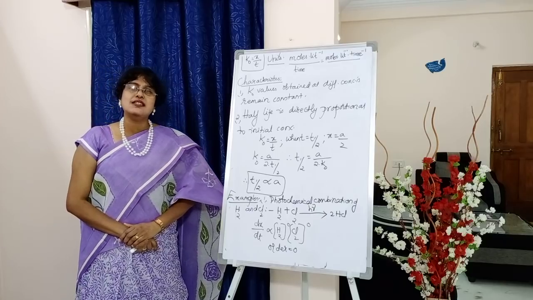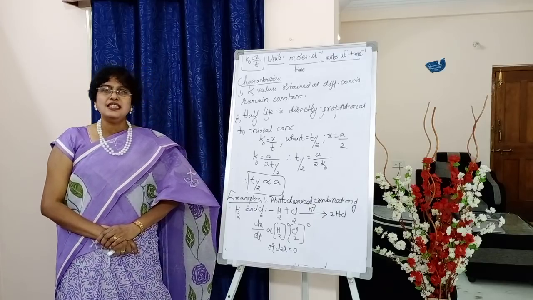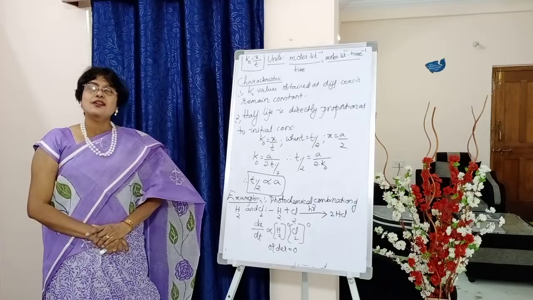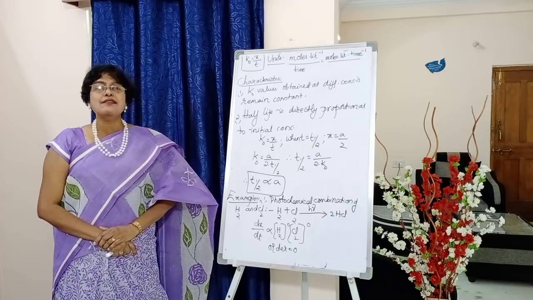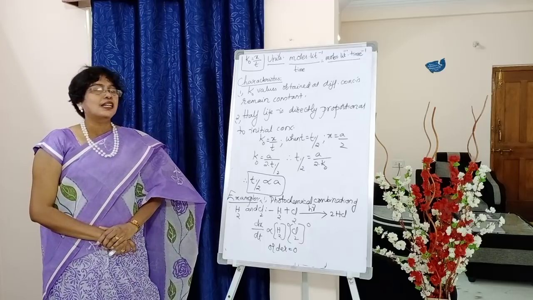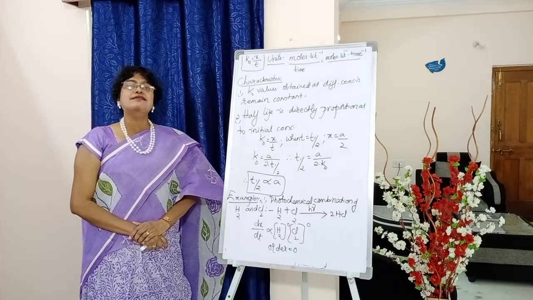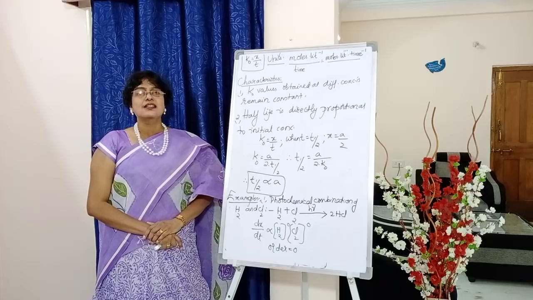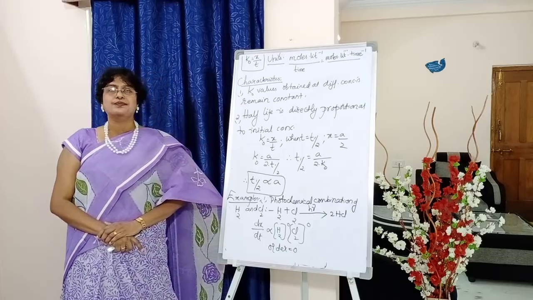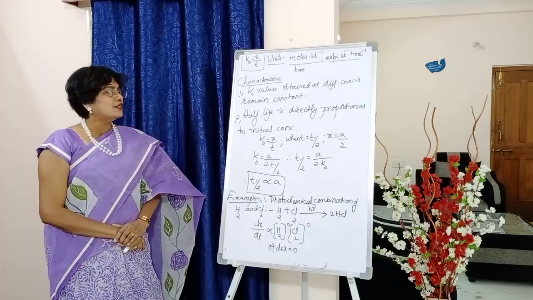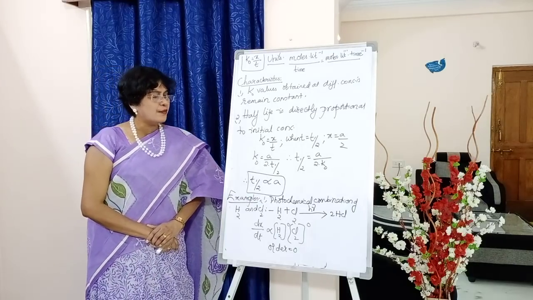The decomposed concentration? Half the initial concentration. So initial concentration we denote it with A. So in half the time, how much is being decomposed? Half the initial concentration. So that we write it as A by 2. X is equal to A by 2. Okay. So t is equal to t half, x is equal to A by 2.